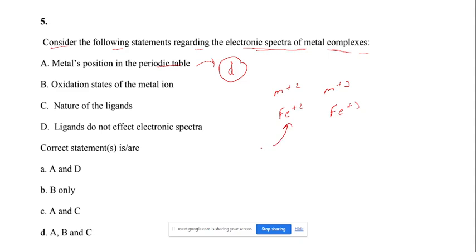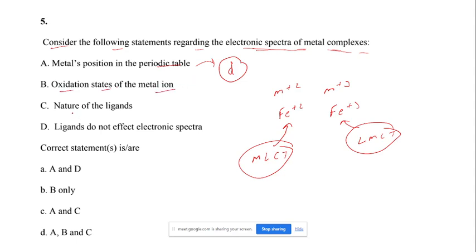It will give metal to ligand charge transfer. But if it is Fe+3 making a complex with thiocyanide, then it will give ligand to metal charge transfer. So both cases are different, and you will get different colors, different intensity, or different wavelength. So it also depends on the oxidation state of the metal ion.